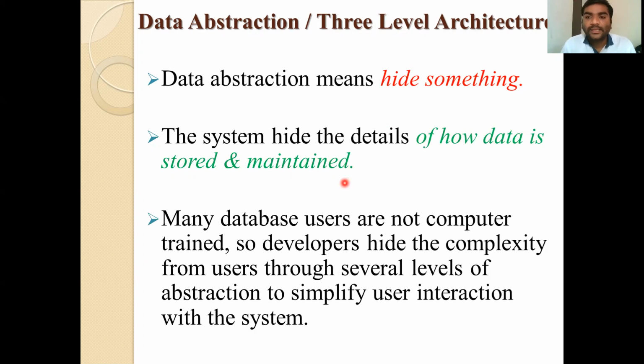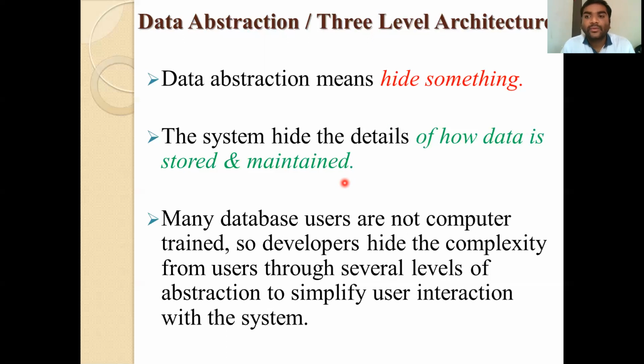Nowadays there are a lot of database users. They can use the database or application program, but they are not well trained, means they do not have sufficient knowledge about the database or about the computer. So for that purpose, the database developer hides the complexity from the users through several levels of abstraction.